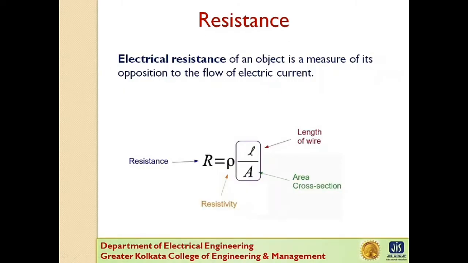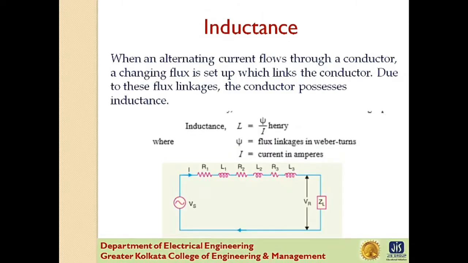Next one is inductance. What is inductance? When an alternating current flows through a conductor, a changing flux is set up which links the conductor. Due to this flux linkage, the conductor possesses inductance. So, when an alternating current flows through a conductor, the conductor possesses inductance.